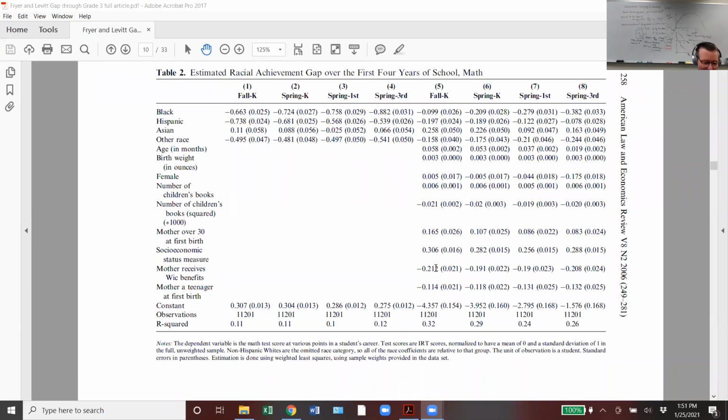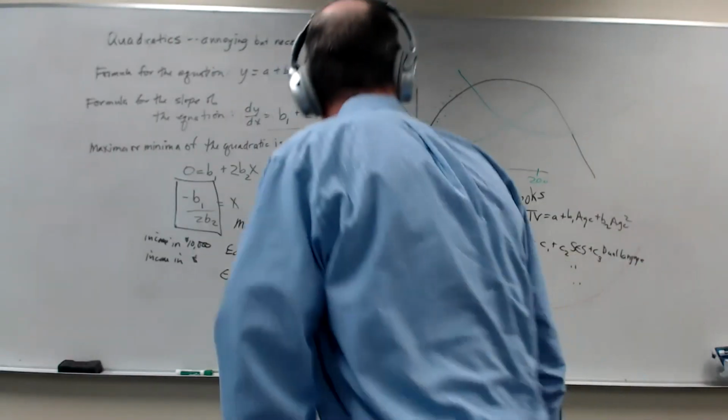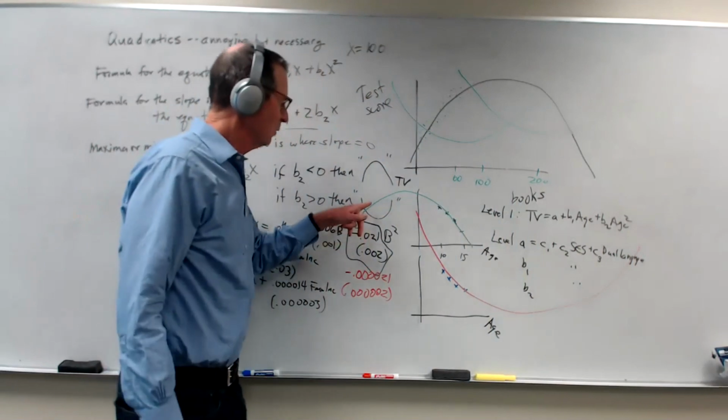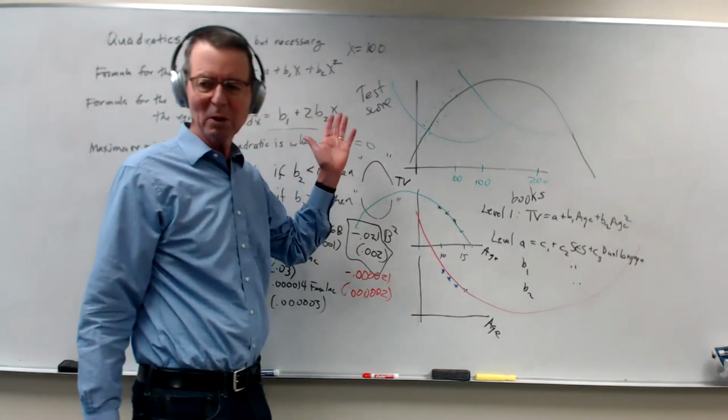Remember how I said never pay attention to the constant? This is usually the reason why, because people don't really think about scaling variables so that a constant has a good interpretable value. It's a projection way beyond the sample. It's almost as though you're wondering what the test score would be for a child in a home with minus 25 books.